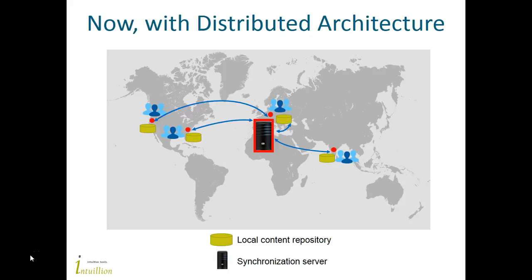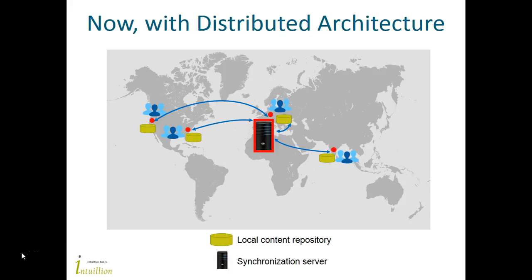So each team connects to the repository which is local to them, and thanks to the synchronization server, each local repository always has the same data as all other local repositories. This distributed architecture will be a great improvement to any geographically dispersed team.